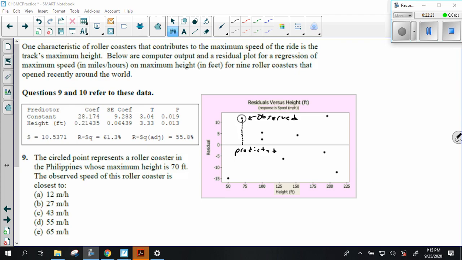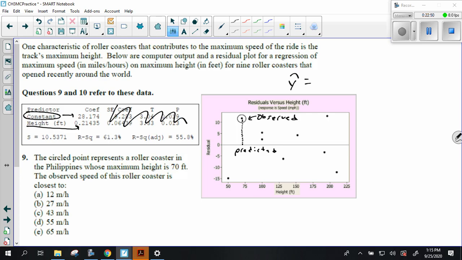So y hat for a 70-foot roller coaster, we need our least squares regression line, keeping in mind that our constant is our y-intercept. And then right over here, that's our slope. And we're not even going to deal with any of this stuff until later in the course.